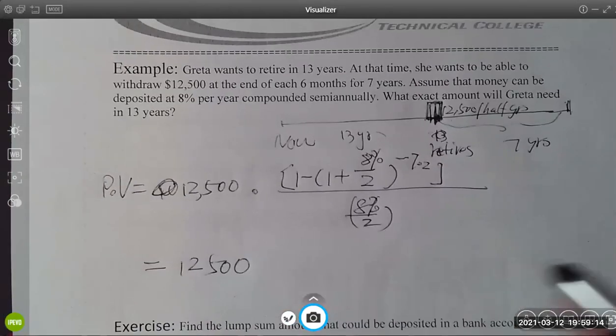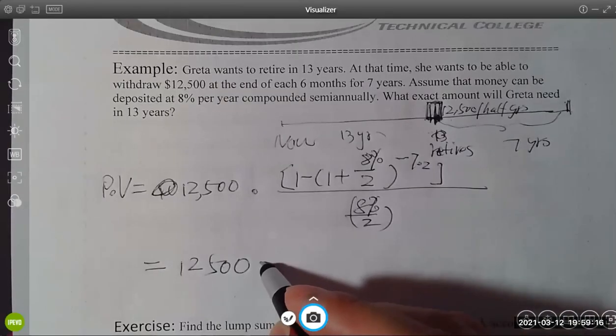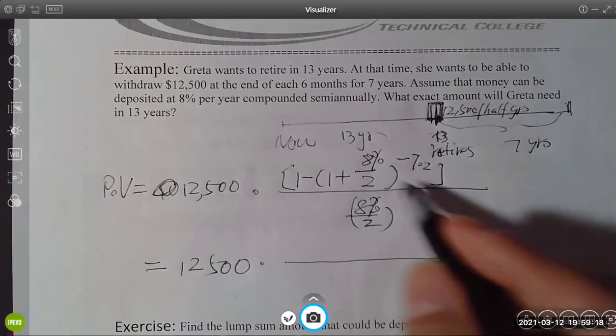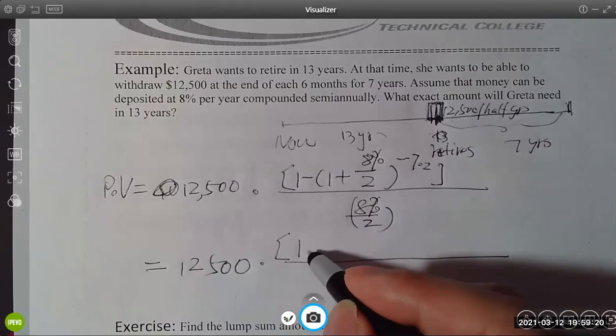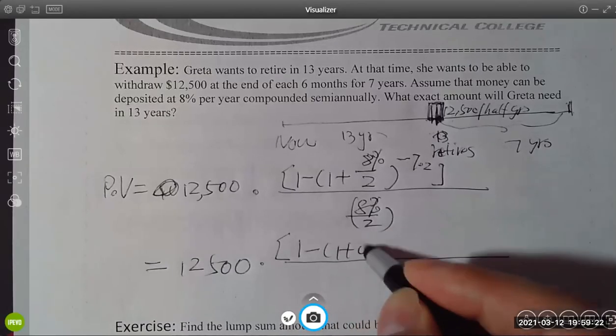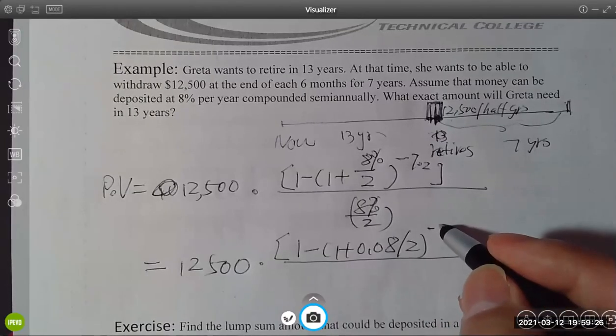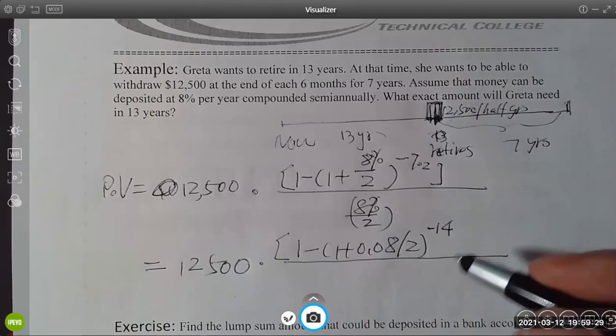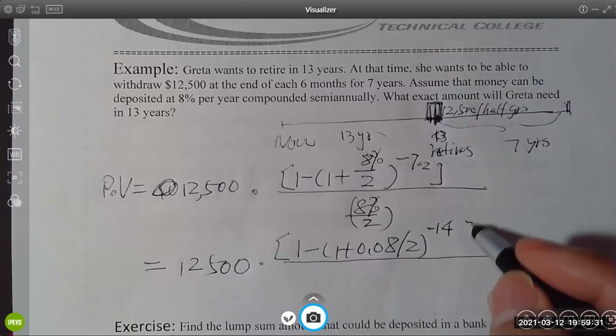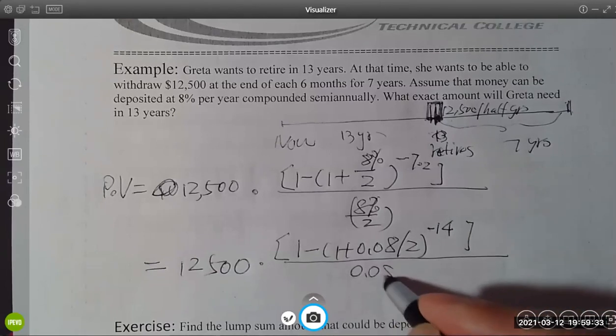Once we understand the scenario, the calculation itself is not a hard one. This is some basic calculation. 1 minus (1 plus 0.08 over 2) to the negative power of 14, over 0.08 over 2.